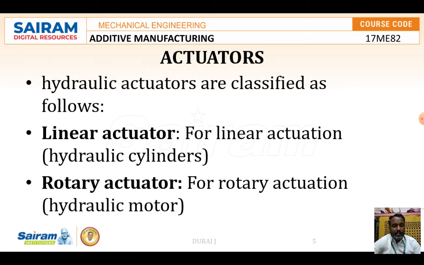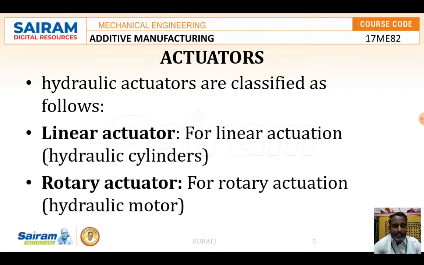Normally we know that a linear actuator moves the piston. That means a to and fro motion takes place. But in the hydraulic rotary actuator, the gear teeth or vanes move, or the piston moves.